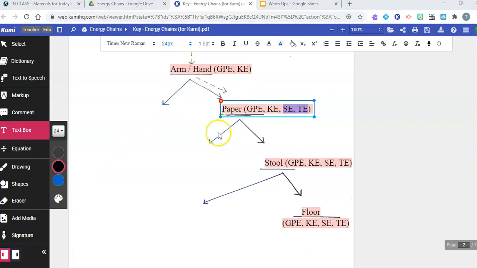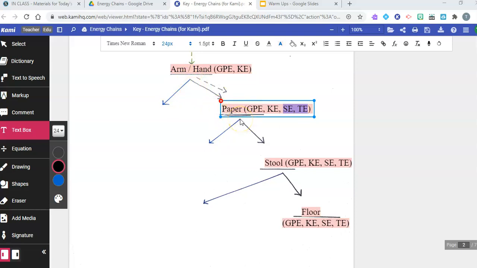So what about the second arrow here? Every object, Soysun's hand, the paper, and the stool, has two arrows leaving each object. The branching of two arrows actually means that my energy went two different places at the same time.